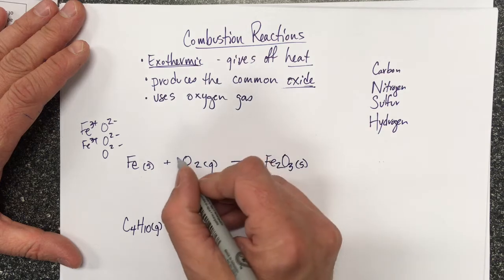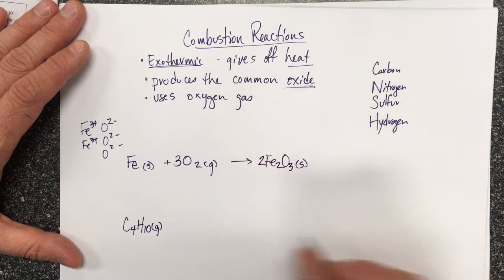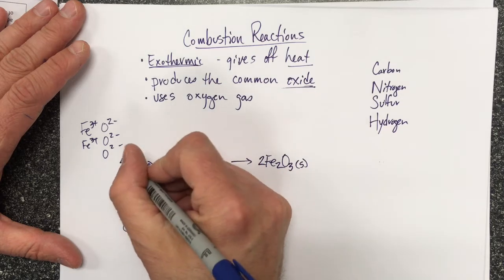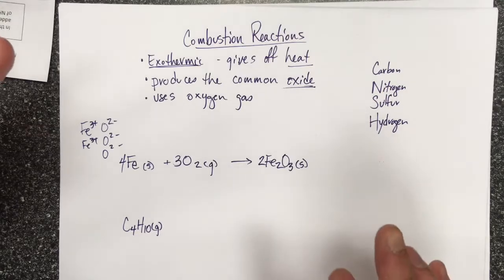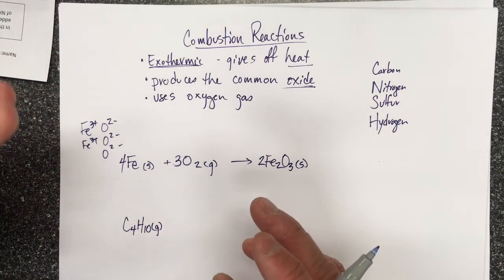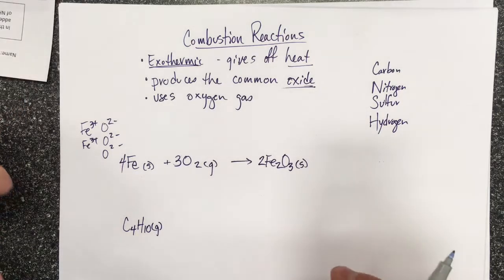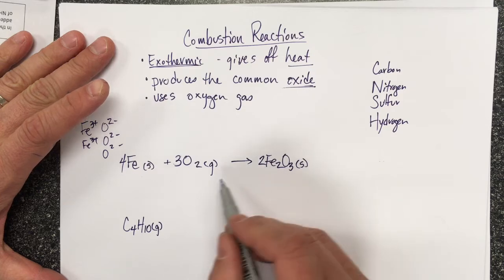And to balance my oxygens, I need 3 of these and 2 of these. This makes 4 irons. So now it's a balanced combustion reaction of iron. This is exactly the same for metals as formation reactions, but it's the formation of the metal oxide.